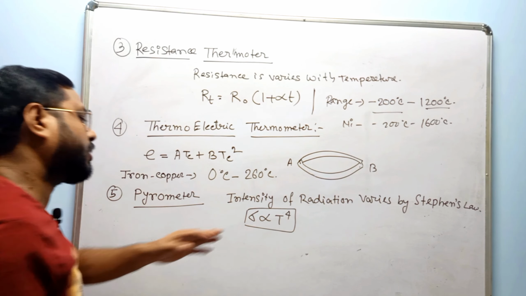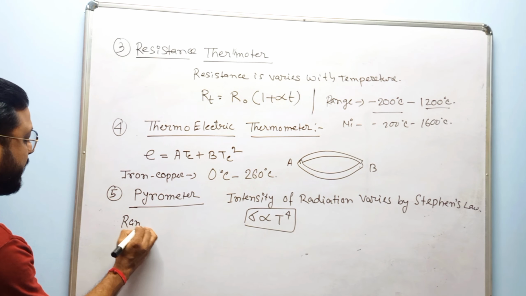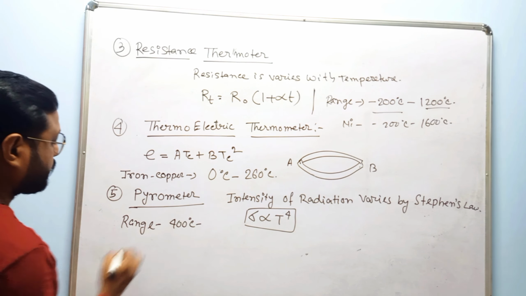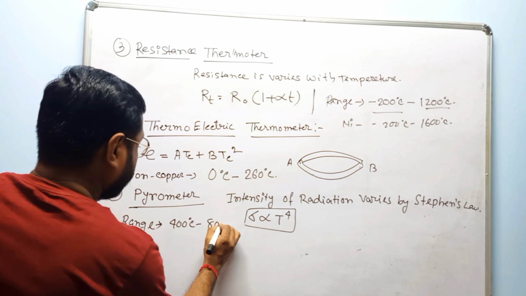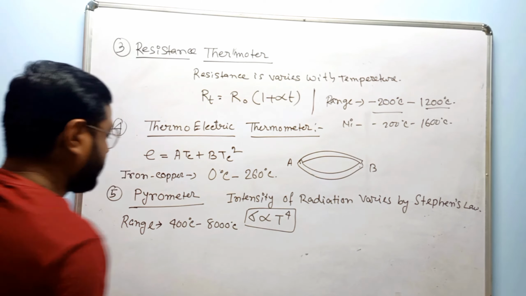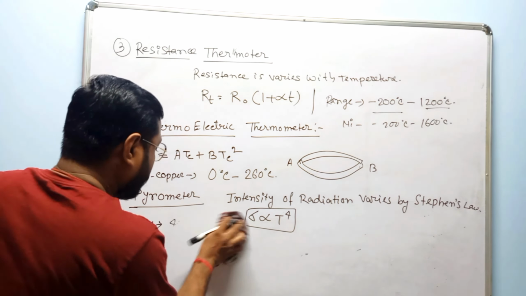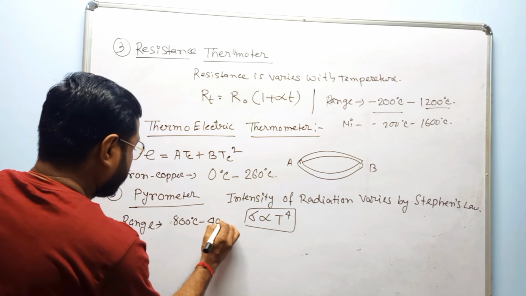In pyrometer, the range is very large: 800 degree centigrade to 4000 degree centigrade.